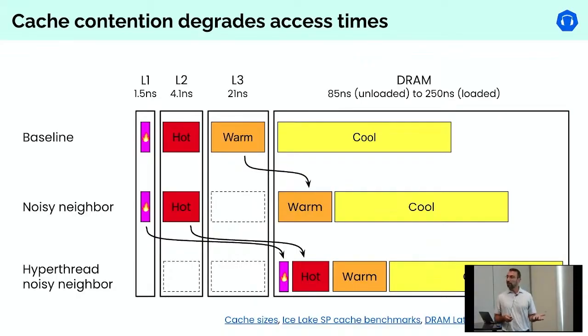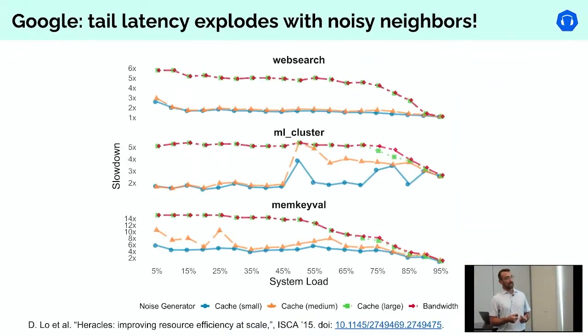Do they do it in practice? It turns out, yes. Google ran this experiment with their production workloads, where they ran some of their production systems with these noise generators with DRAM and cache.